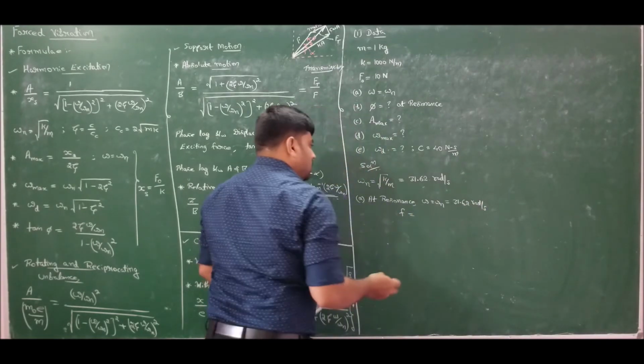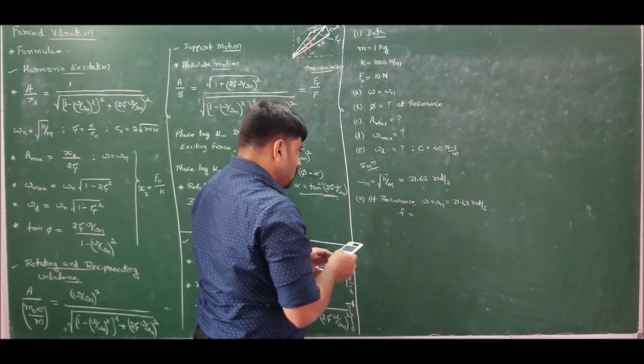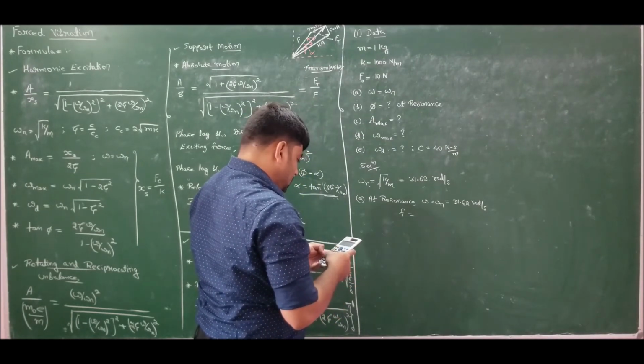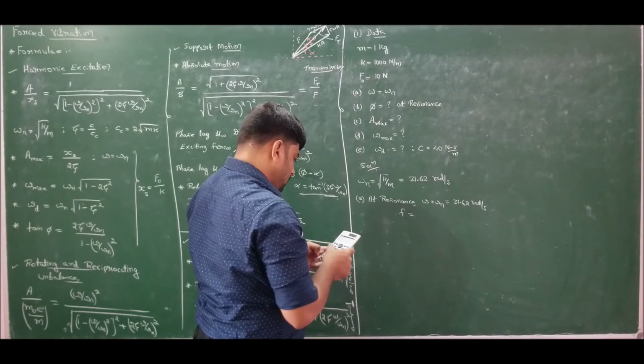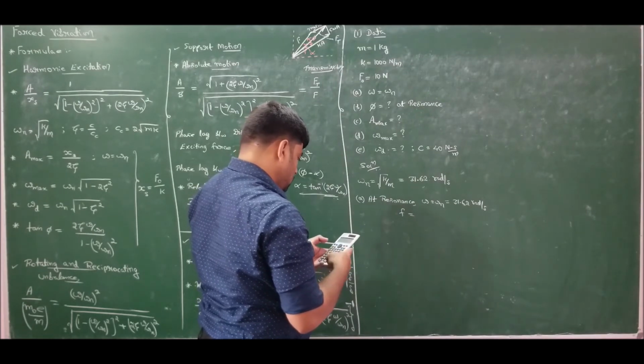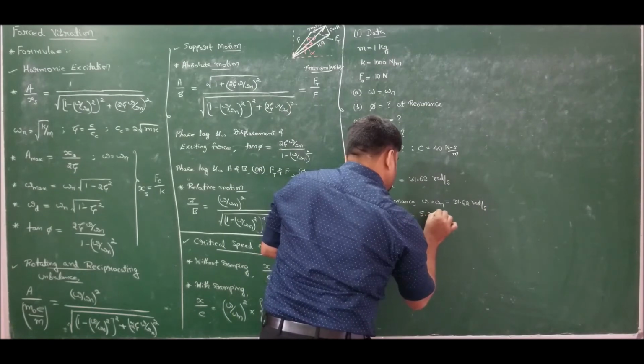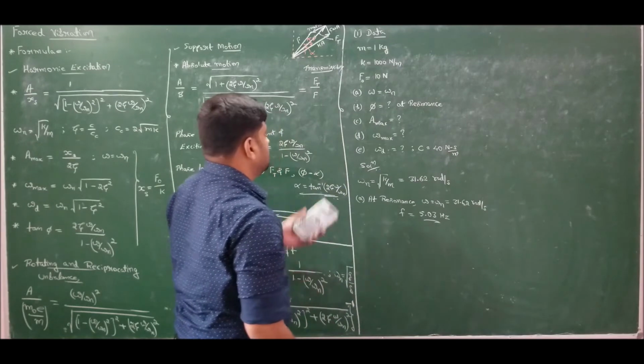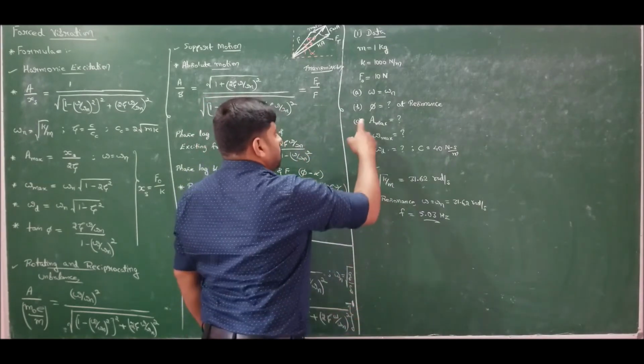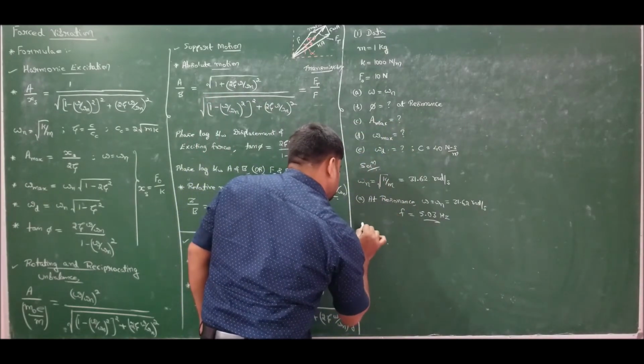Therefore, resonant frequency will become omega n by 2 pi. So this answer divided by 2 pi, which is nothing but 5.03 hertz.